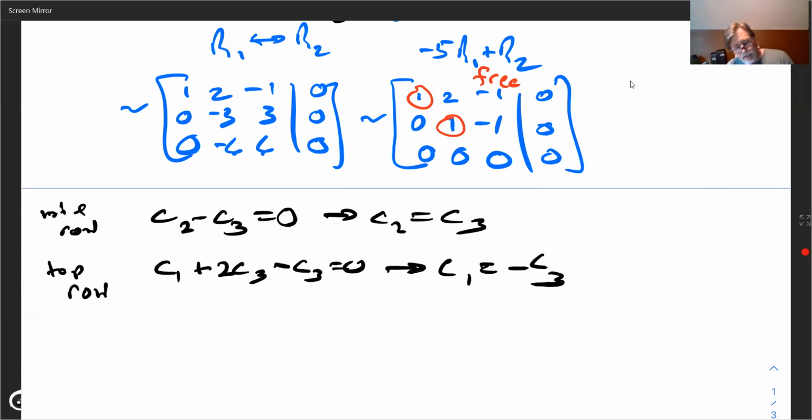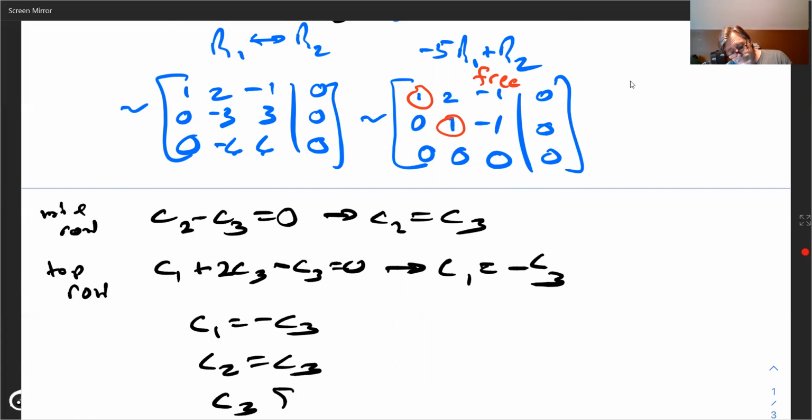So what we have is that as long as that's the case there. Okay, there's all kinds of choices here. You would say, C1 is negative C3, and C2 is C3, and C3, of course, is free. I'm actually going to tell you, there's an infinite number.